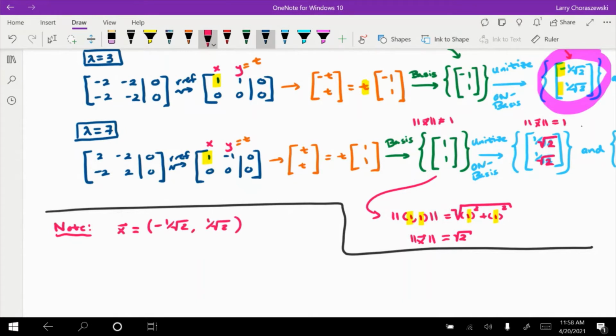If we plug this into the original version of our function z, we would have 5 times negative 1 over radical 2 squared plus 5 times 1 over radical 2 squared plus 4 times negative 1 over radical 2 times 1 over radical 2.